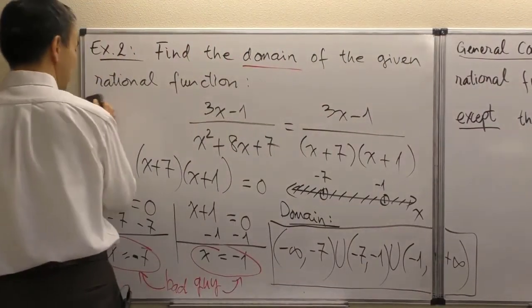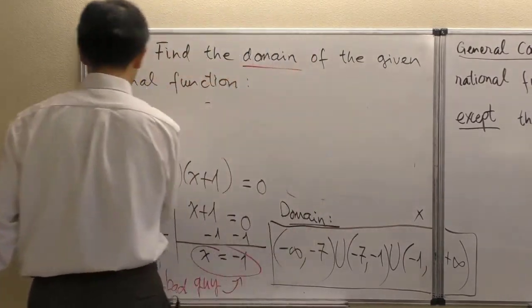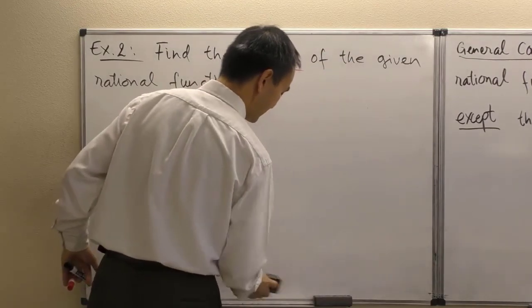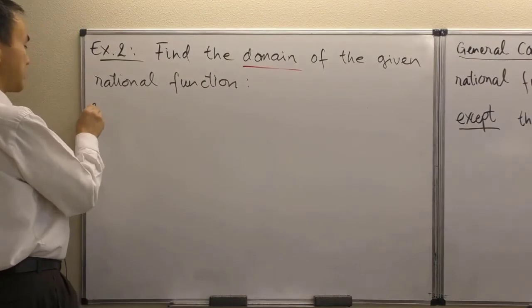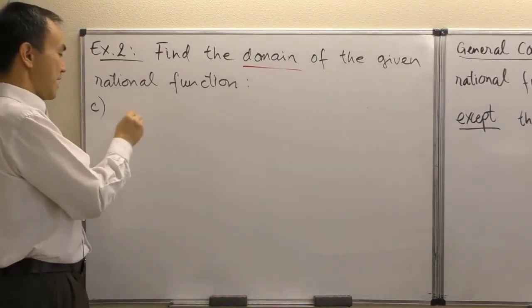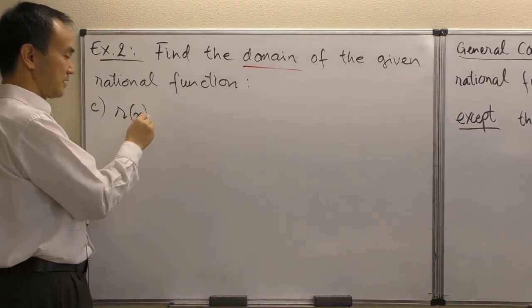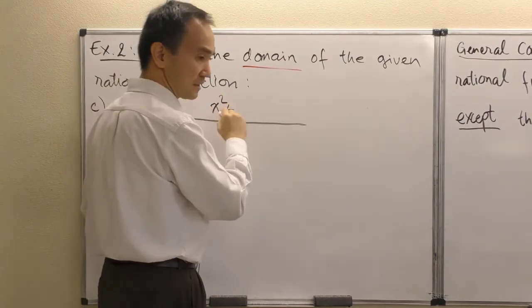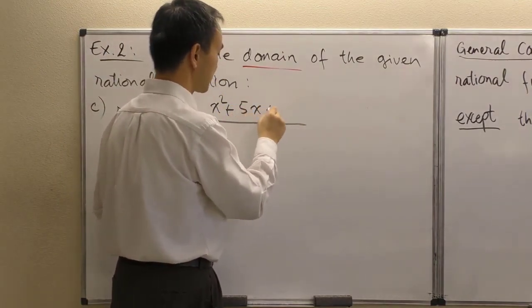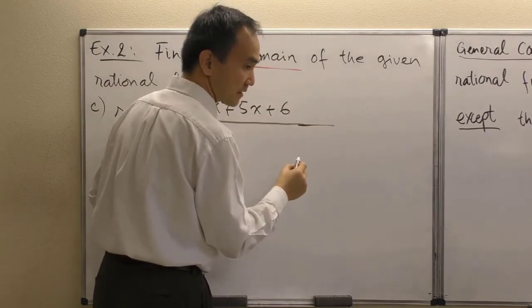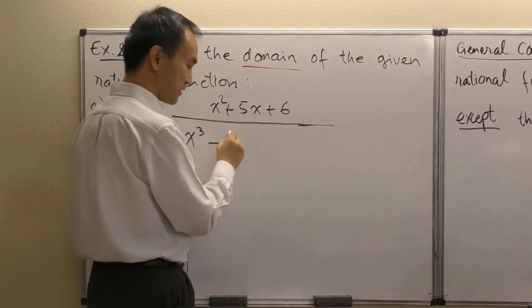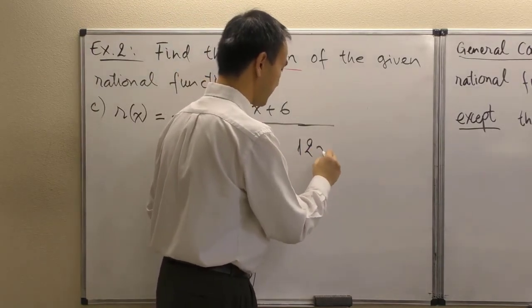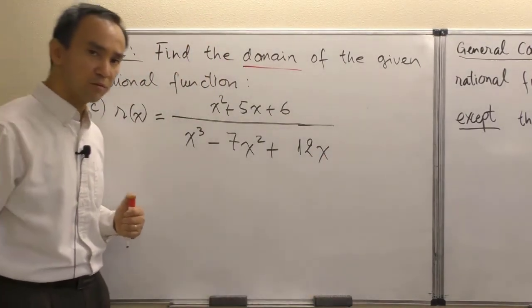All right, so now let's arrive at our example 2, part C. Our function here, r of x is equal to x squared plus 5x plus 6 over x cubed minus 7x squared plus 12x.